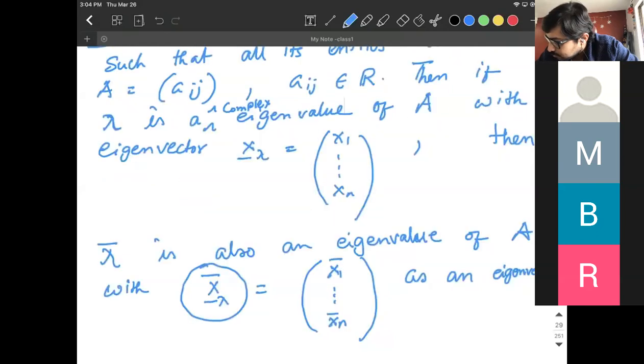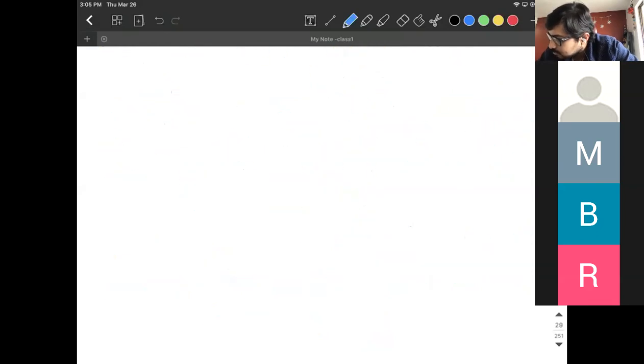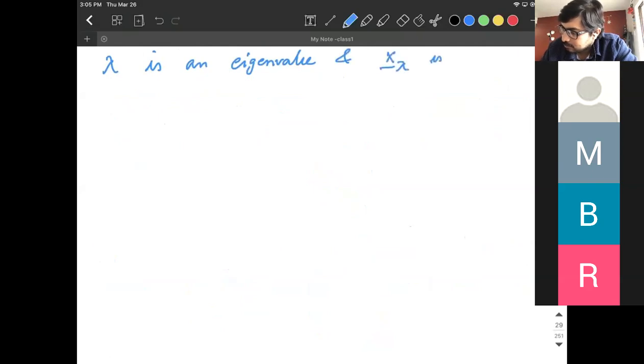Once in a while, we should do a proof. So how does it work? Lambda is an eigenvalue, and this thing is an eigenvector.